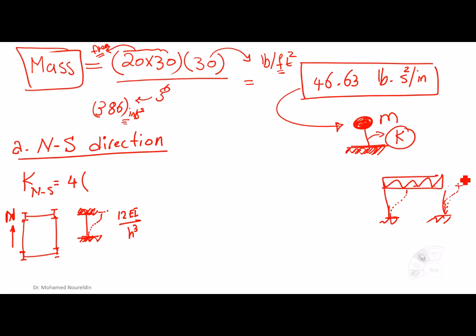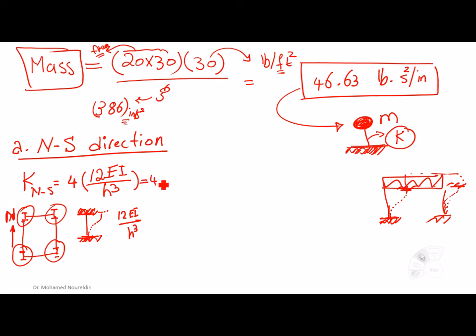This means that the system is, as if it is fixed from the top and fixed from the bottom. So this is a fixed condition, and we have four columns. This means that we are going to multiply by 12 EI over h to the power 3, right?